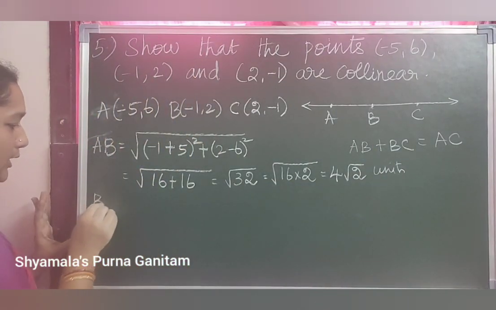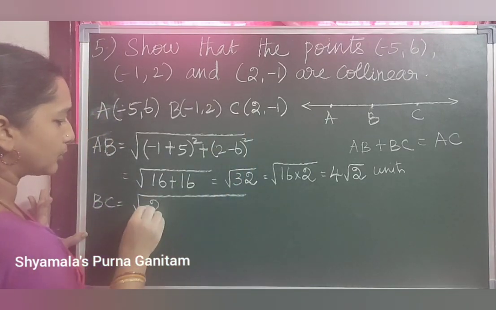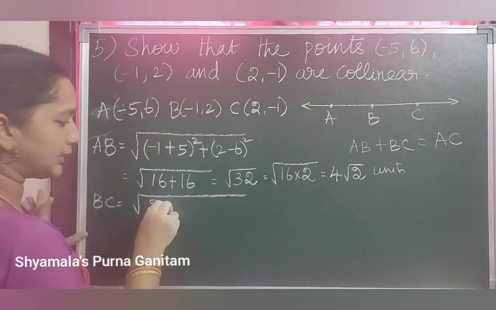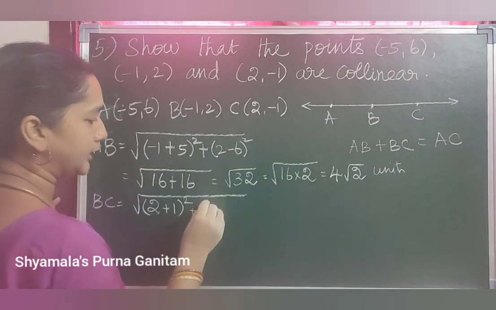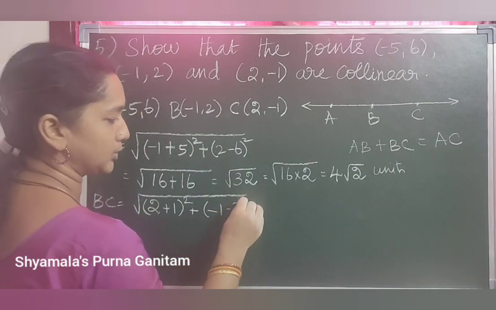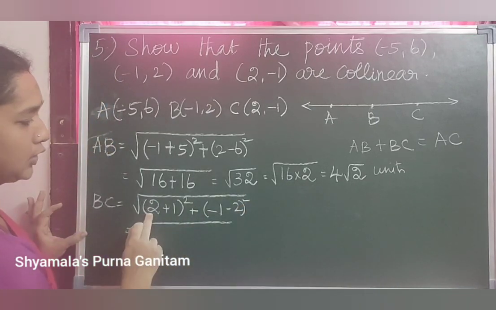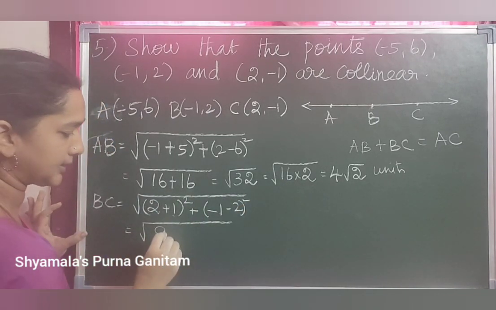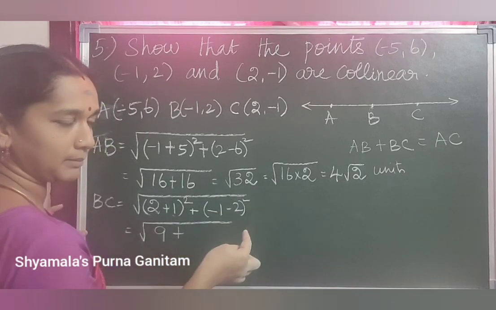Same way for BC also. BC is equal to root of x2 minus of minus, plus, x1 the whole square plus y2, that is minus 1 minus 2, the whole square. Okay, then root of 2 plus 1 is 3. 3 squared is 9, plus this one is also minus 1 minus 2 is minus 3.